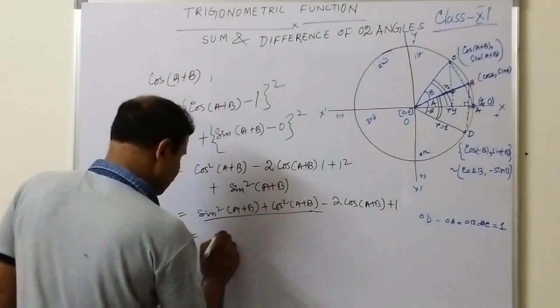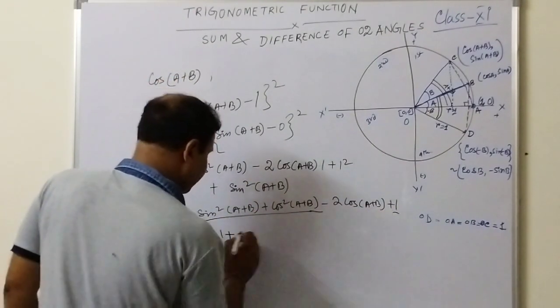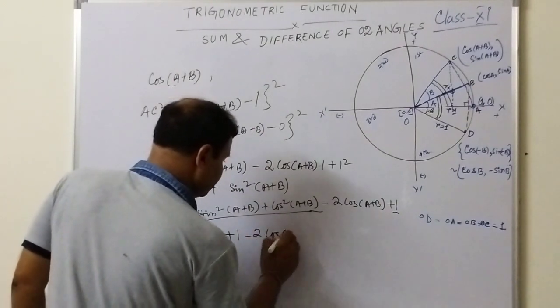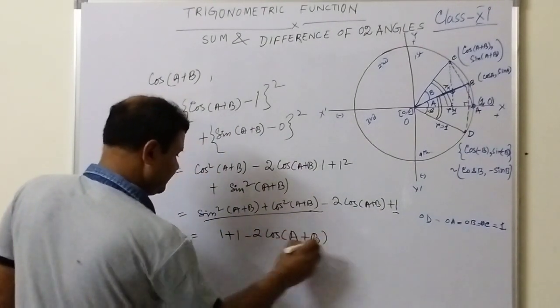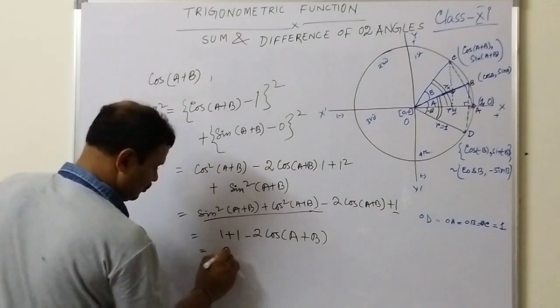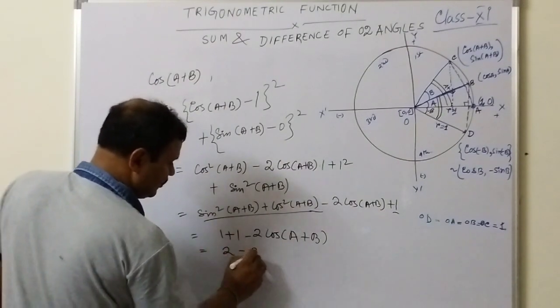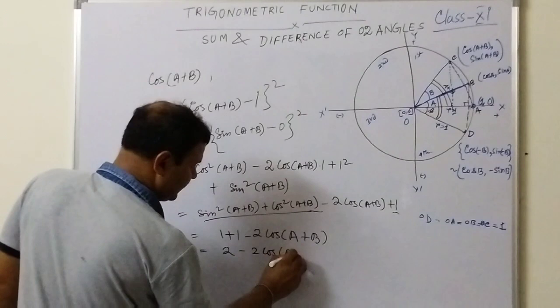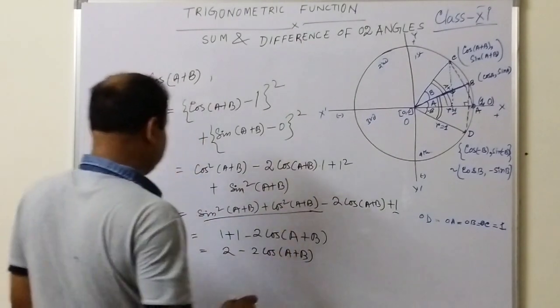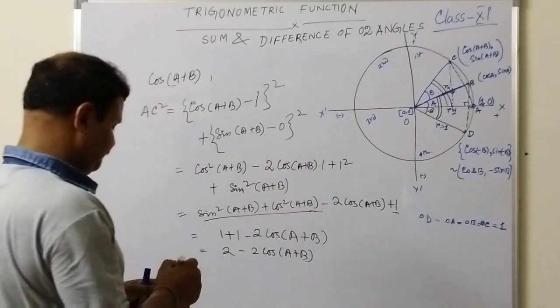So this is 1 plus 1 here, so minus 2 cos A plus B. So this is 2 minus 2 cos A plus B. Okay, so this is AC square.